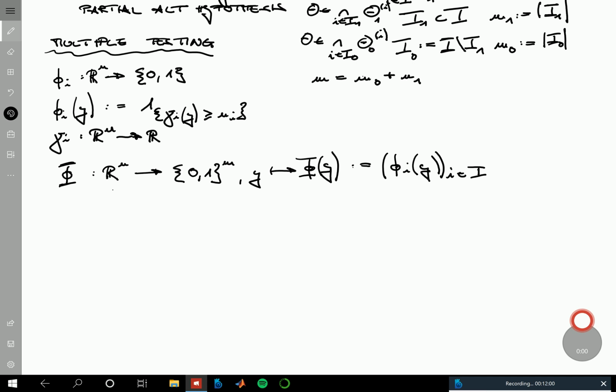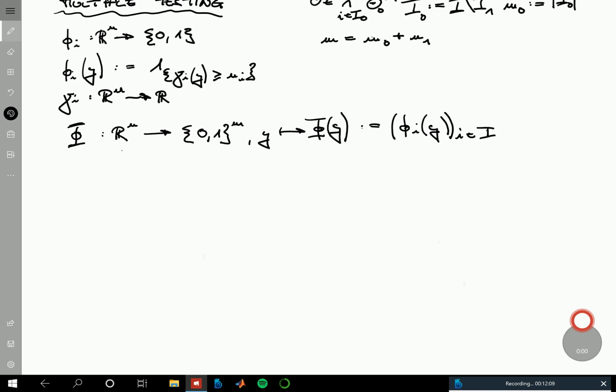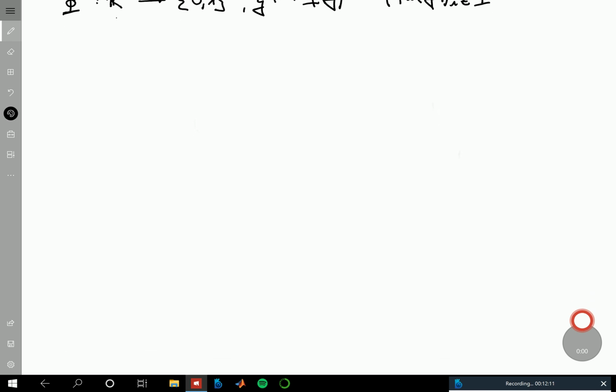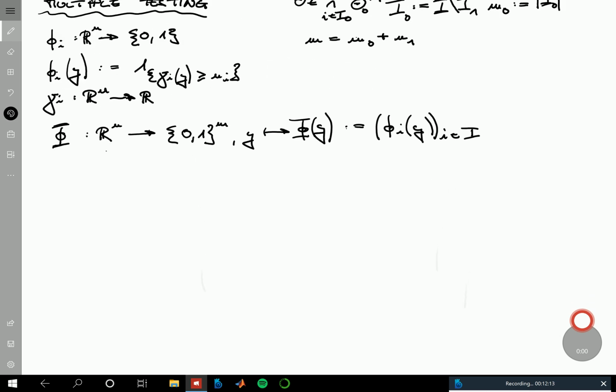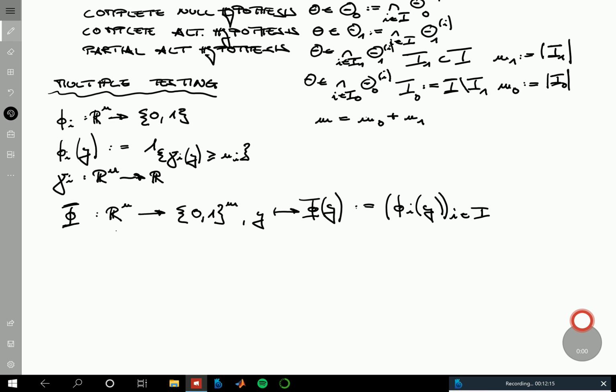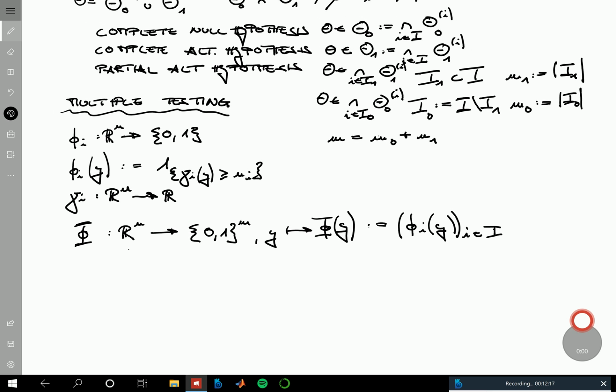So I think this is as far as we got last time, and then I think we said that now things are a little bit more complex than in the single test scenario, because in the single test scenario the null hypothesis is true or the alternative hypothesis is true, and the test comes out 1 or 0. So reject the null hypothesis or reject the alternative hypothesis.